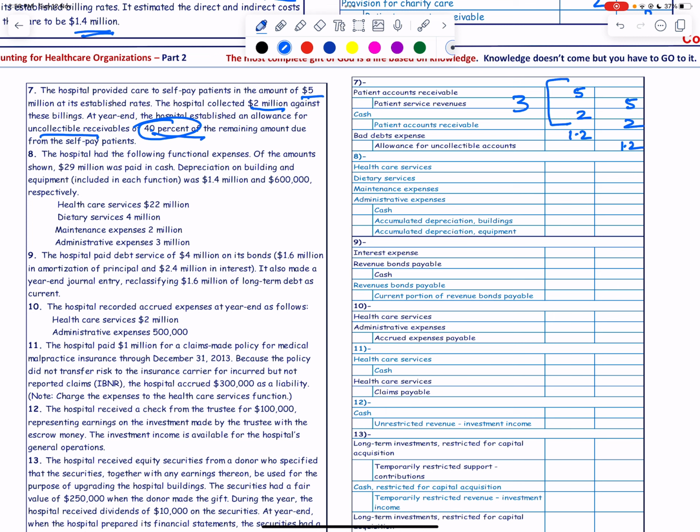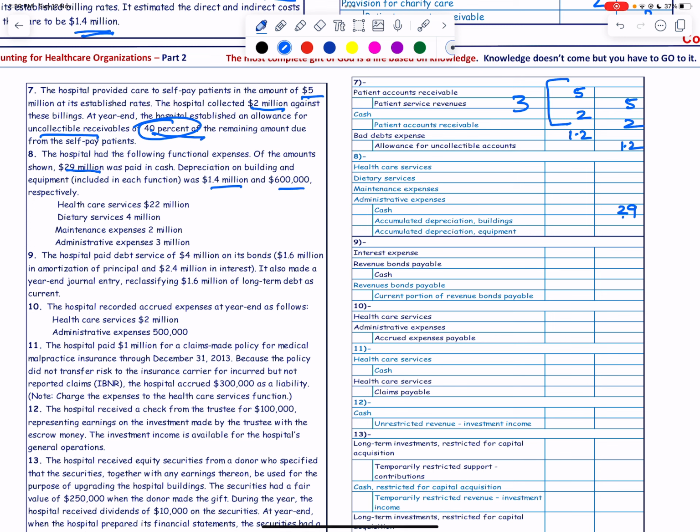The hospital had the following functional expenses. Of the amount shown, 29 million was paid in cash. So we are paying 29 million in cash. Depreciation on building and equipment included in each function was 1.4 million and 600,000.